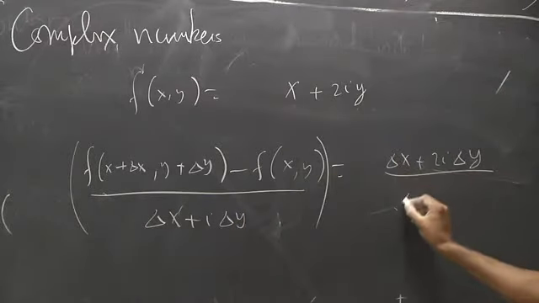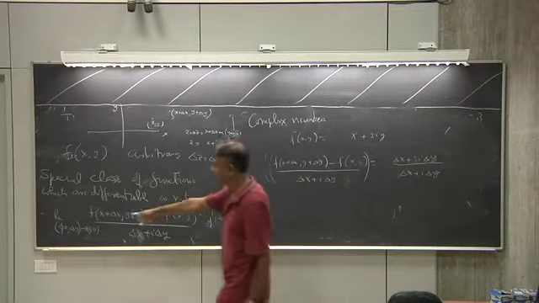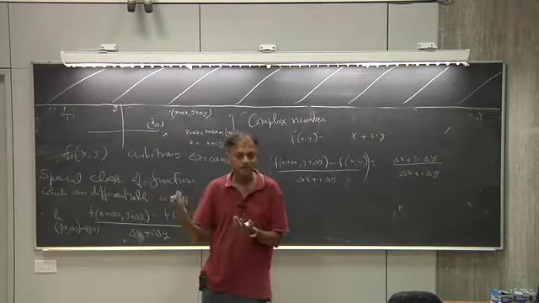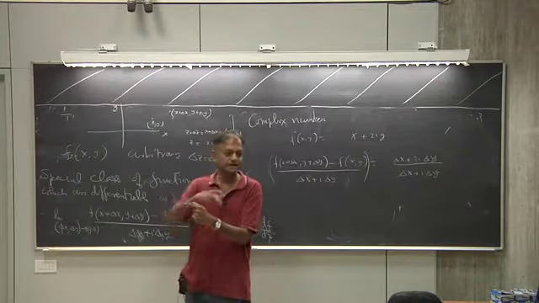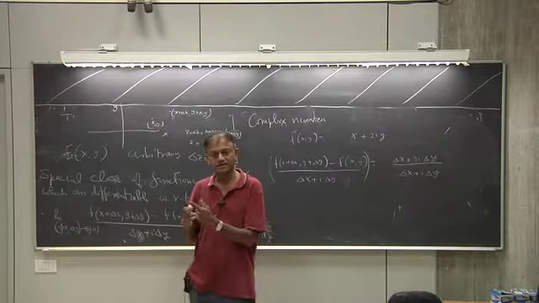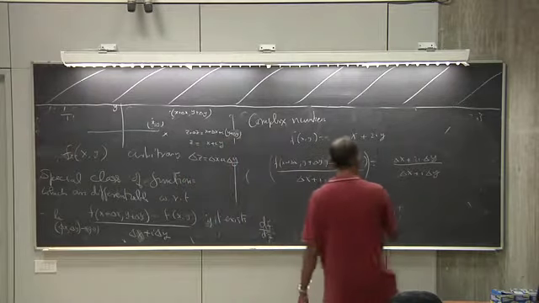But now I have to take the limit, delta x and delta y go to 0. I can take the limit in different ways. Perhaps I can first take delta x goes to 0, then delta y goes to 0, or perhaps I can take the other way around: first delta y goes to 0, then delta x goes to 0. So let's do the two ways.